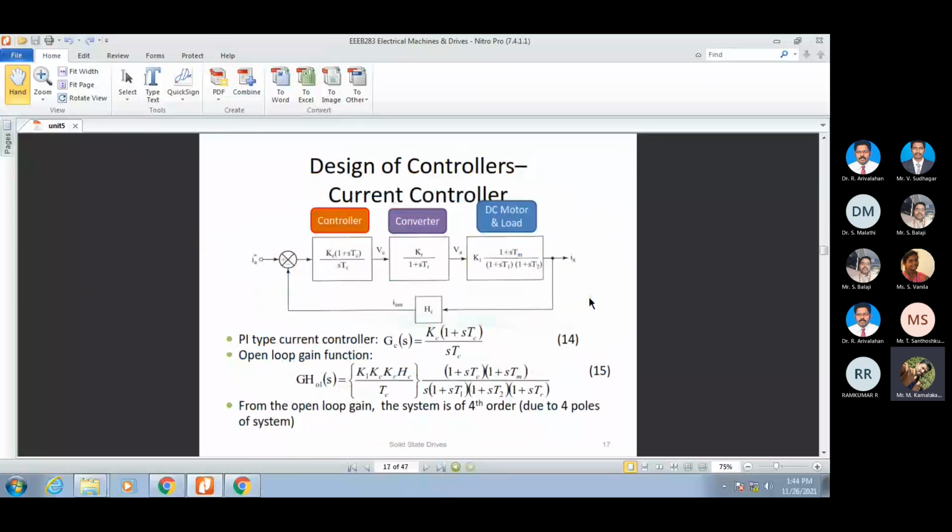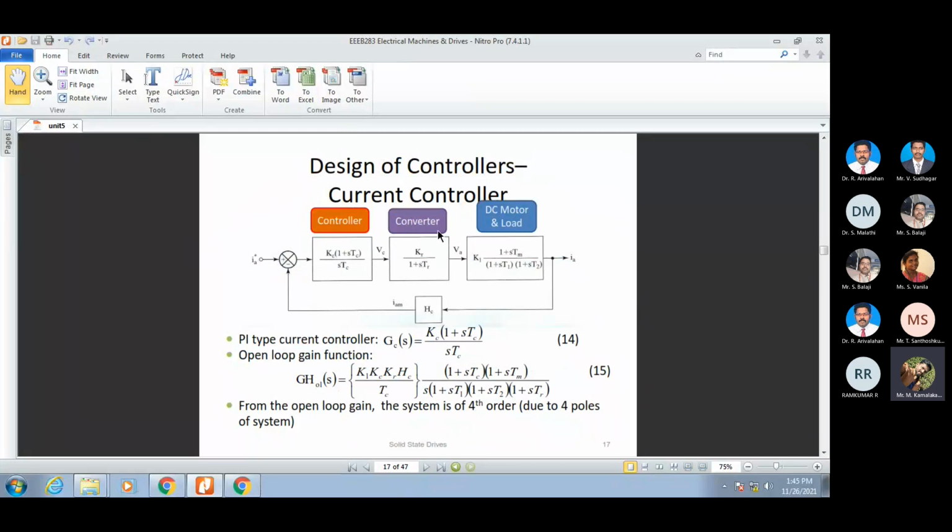Now, for the current controller part, which is the innermost loop, we have the DC motor with the load, the converter and the controller. The transfer function comprises the gain of the system and the time constant of the system.